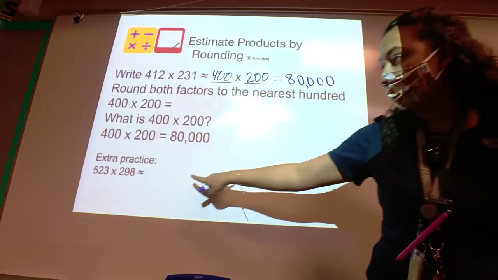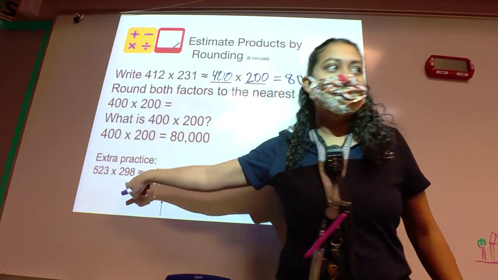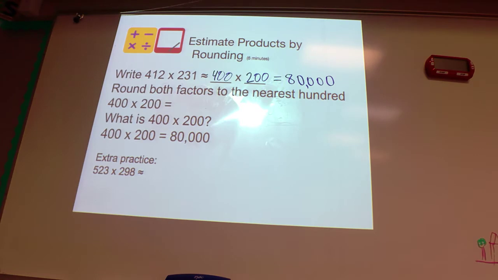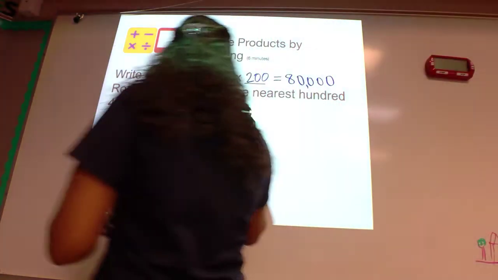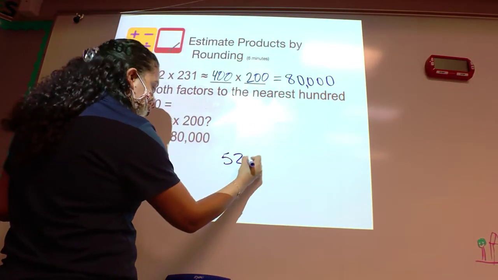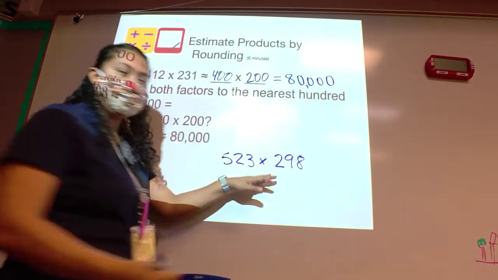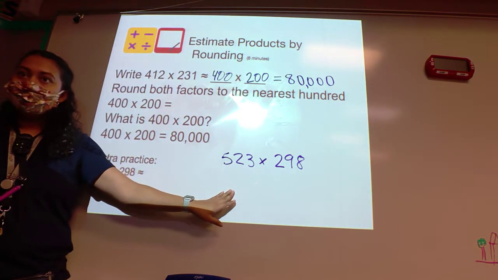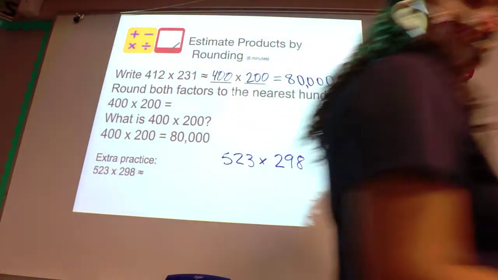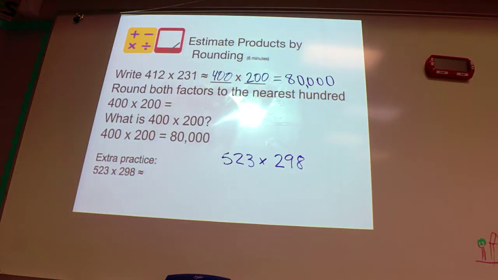Okay, this next one on the bottom. I don't know if you can see it. 523 times 298. Okay, so we're going to round each factor.